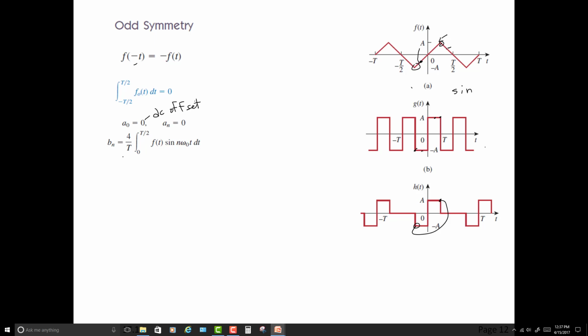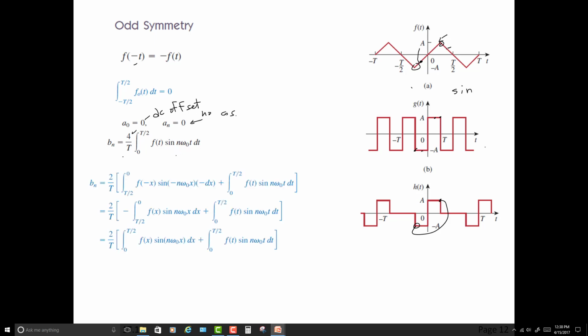All right, and just by visual argument, I was arguing that there will be no cosine terms. And the sine terms will look just like the cosine terms in even symmetry with the new 4 here, and the function times each of those harmonics. All right, so we can go through all that step by step.